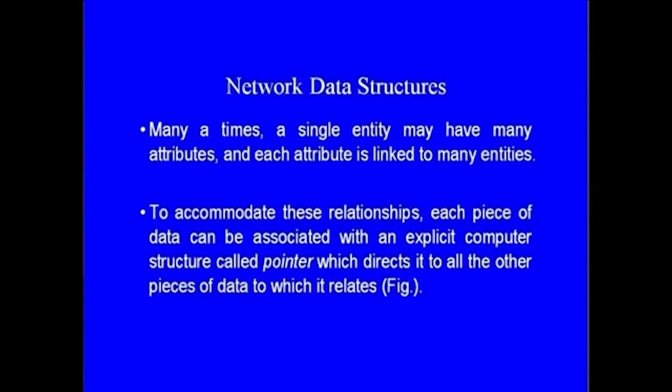Then we come to the next type of data structure, which is networked. Many times a single entity may have many attributes and each attribute is linked to many entities. To accommodate these relationships, each piece of data can be associated with an explicit computer structure called a pointer, which directs it to all the other pieces of data to which it relates.